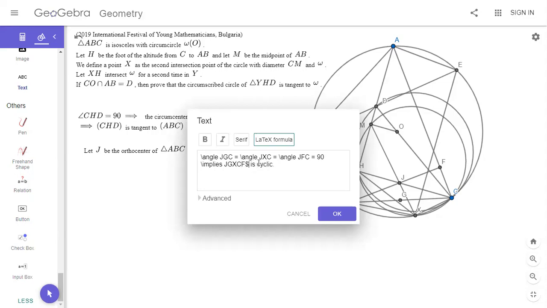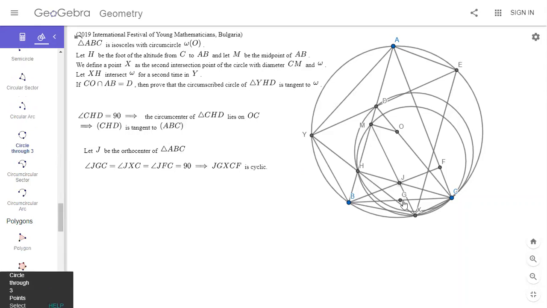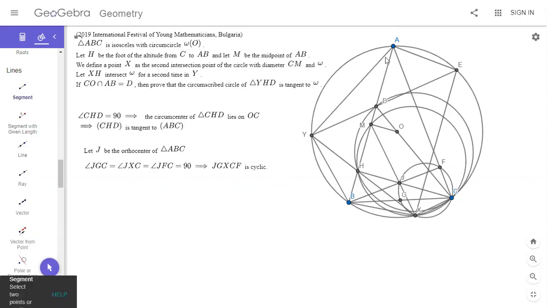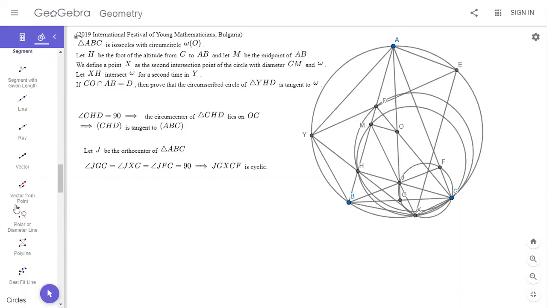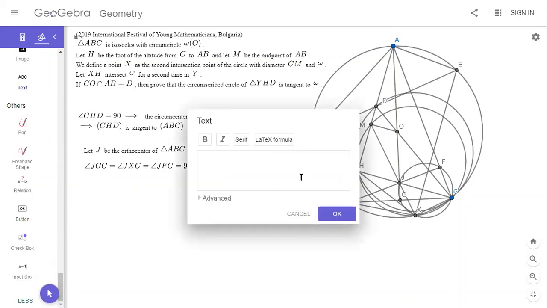All right. And then we also have BGFA is cyclic. So BGFA is cyclic. I don't even know if we need that actually.